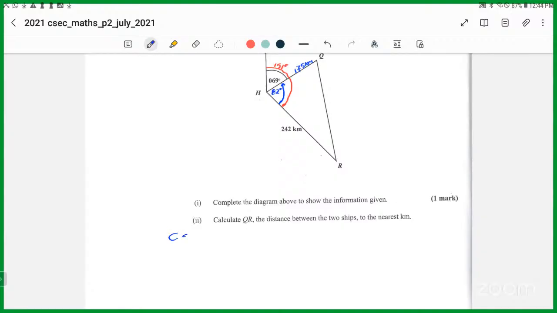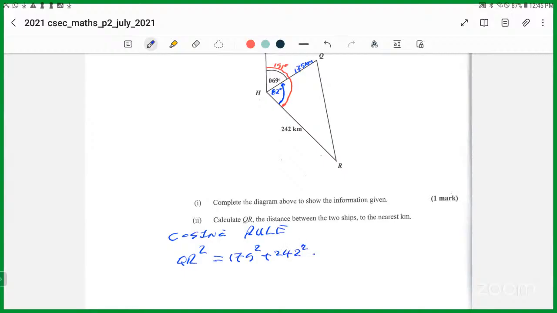So the cosine rule we're using. QR squared equals, start like Pythagoras' theorem, 175 squared plus 242 squared.